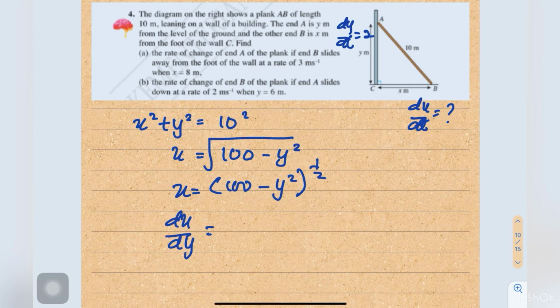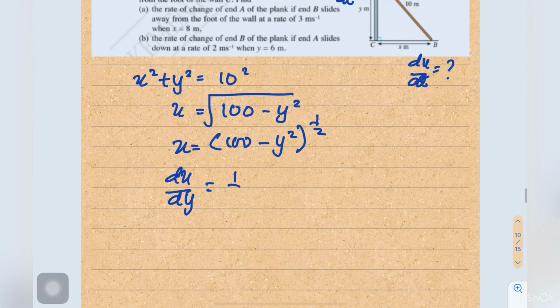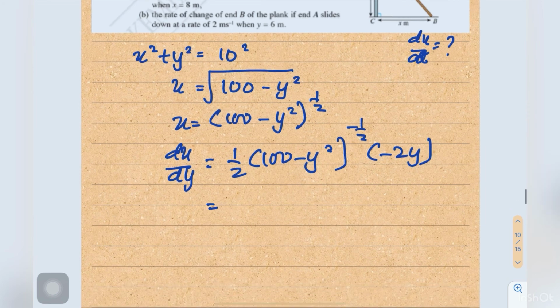Because we have x in terms of y, we differentiate and get dx/dy equals 1 over 2 times (100 minus y squared) to the power of negative 1 over 2, times negative 2y. We simplify: negative y over the square root of 100 minus y squared.